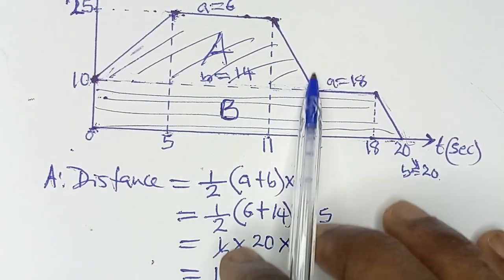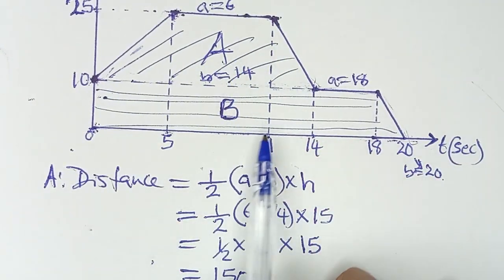And the distance covered by this portion A, as obtained, is 150.